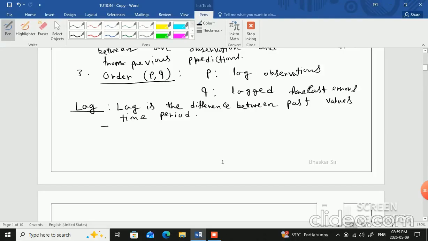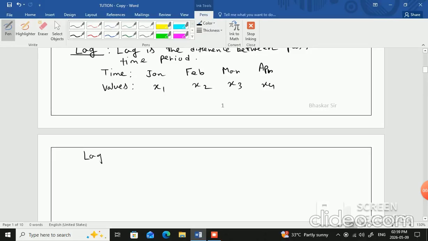For example, in time series data, time and values are given, like monthly data: January, February, March, April. The values are x1, x2, x3, x4. We find the lag for April. Lag 1 is March, x3; lag 1 means the previous month with one gap.